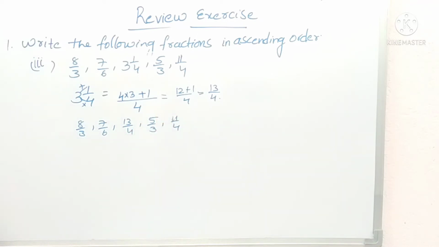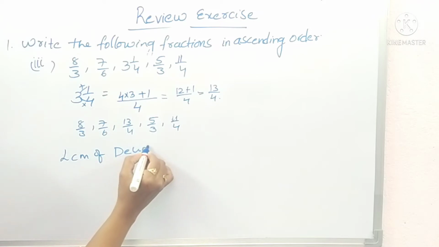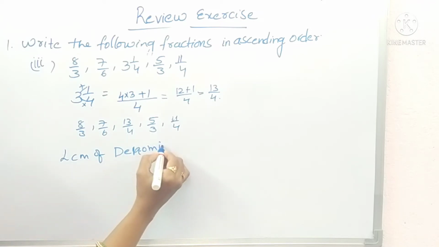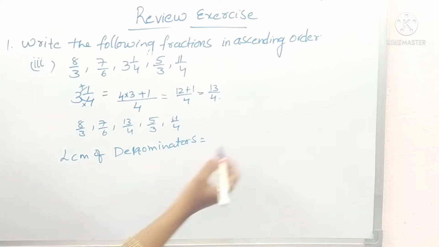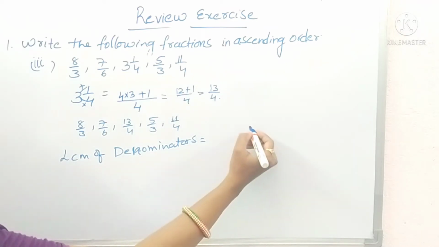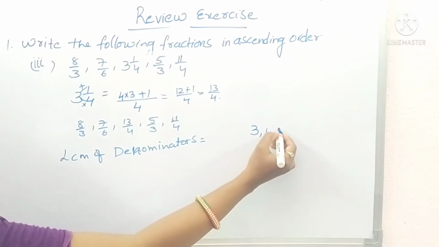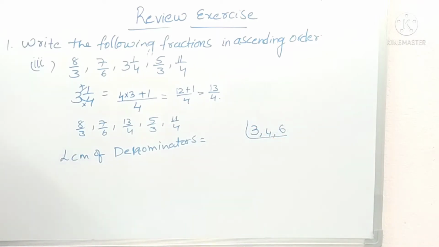Okay, so now take the denominators. The LCM of the denominators we have to find out. So what are the denominators here? Here the denominators are 3, 4, 6, right? So we have to find out the LCM.